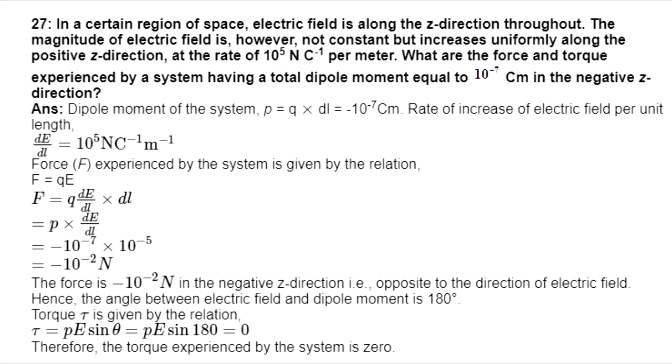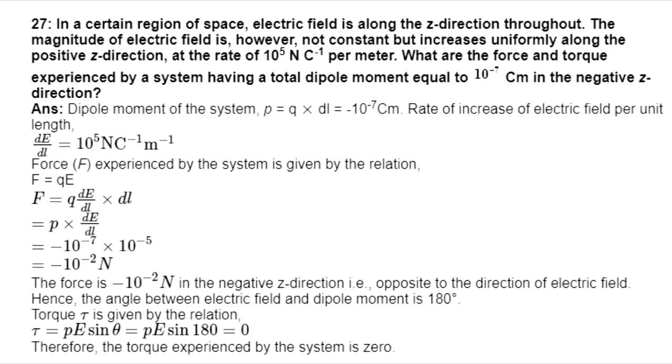Next, question 27. In a certain region of space, the electric field is along the z direction throughout. The magnitude of the electric field is, however, not constant but increases uniformly along the positive z direction at the rate of 10⁵ Newton per coulomb per meter.